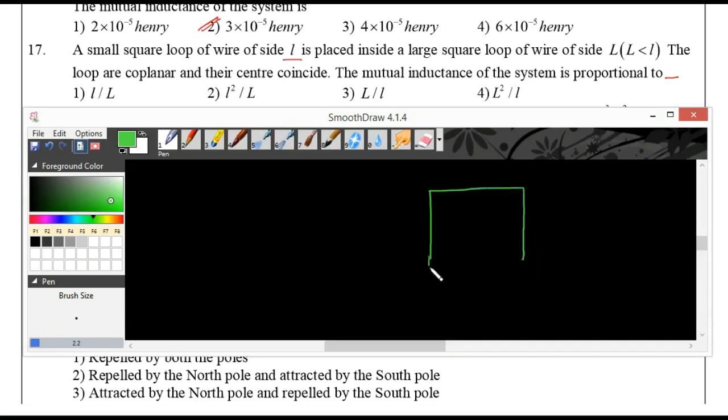This is one square, whose side is L. There is another smaller square here, whose length is small l. Now this is the common center for both of them.